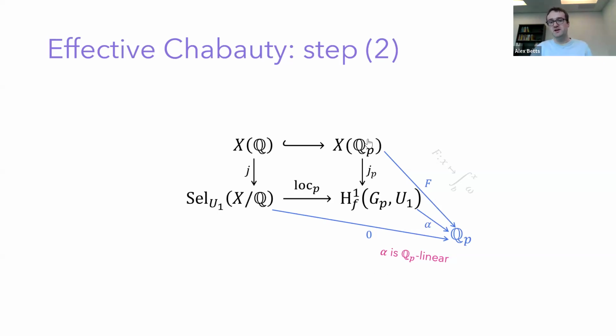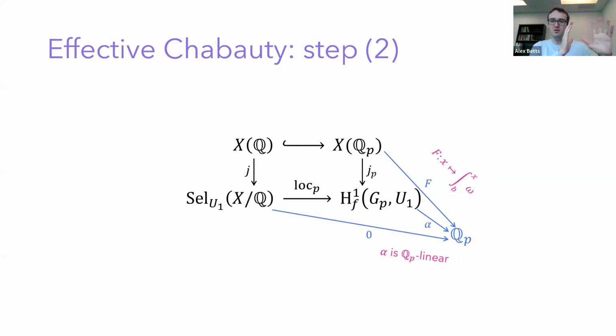And then when I pre-compose that with my local Kummer map, what that turns out to be saying is that this composition F is actually given by integrating some fixed one-form on my curve from the base point b to x. This is again integration in the sense of Coleman.